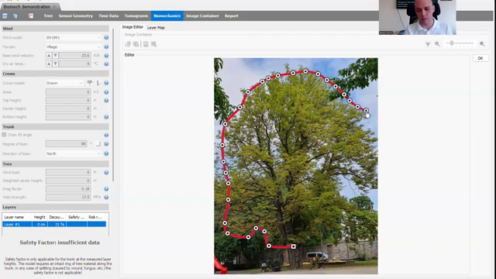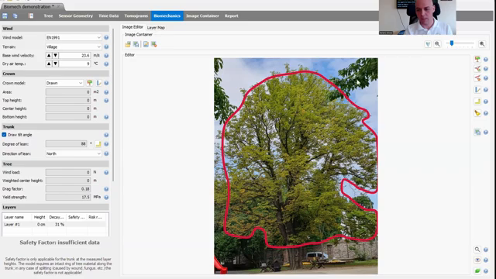So it's perfectly fine if there is a little leaf that is not included. Unfortunately, the image doesn't include these branches, so I will do my best here. And also at this region, there is a tree behind that I'm going to skip. Now I'm finished with drawing the crown.